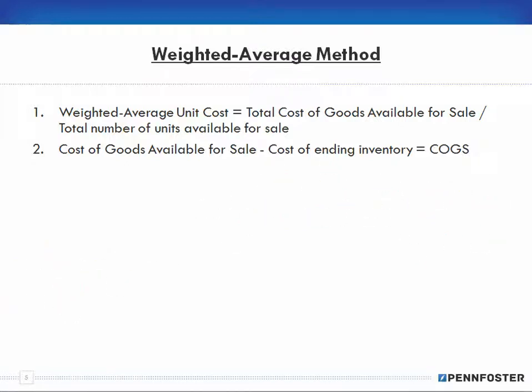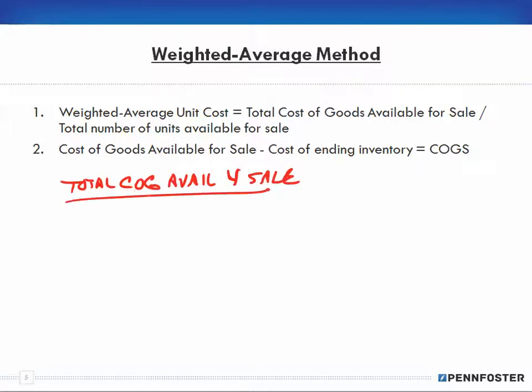What I have here is my total cost of goods available for sale, and I'm dividing that by the total number of units for sale.